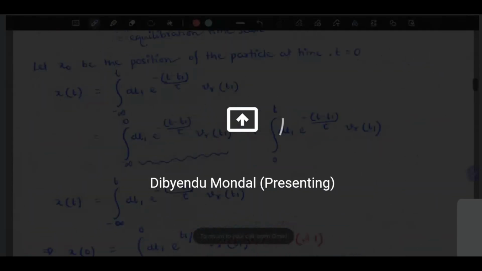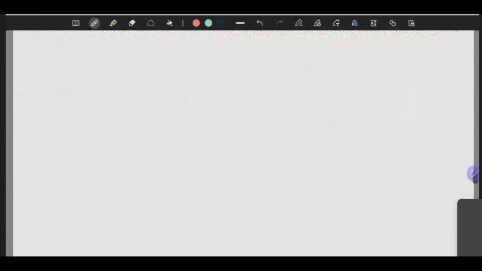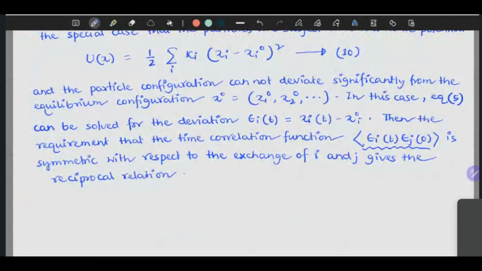So what I was saying is, if you talk about the deviations of this generalized variable from its equilibrium positions, then you can get the time correlation functions of this deviation.